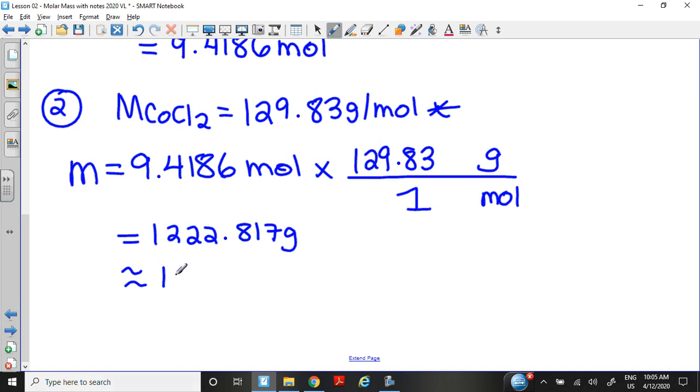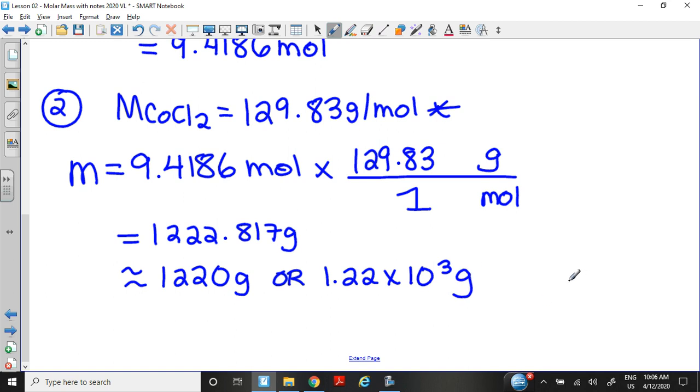So you can either do something like this, 1,220, where the 0 is just approximated. But I usually prefer scientific notation because it leaves a little bit less guesswork there, and that definitely shows 3. So that's how you do a calculation going from mass to molecules.